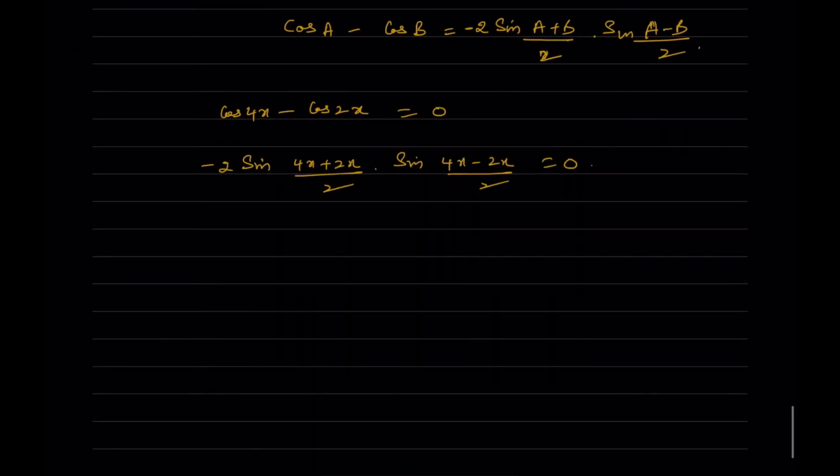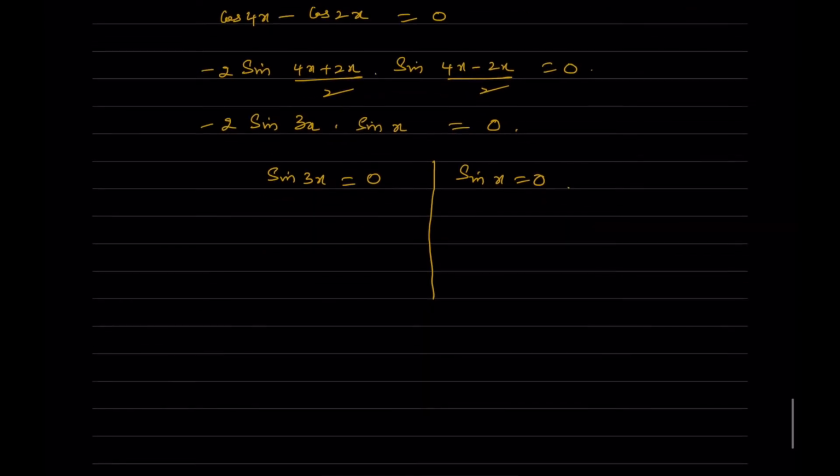Now this can be written as minus 2 of sine 6x by 2, which is nothing but sine 3x, into sine of 2x by 2, which is sine x, equal to 0. So now here you can write this as either sine 3x is equal to 0, or sine x is equal to 0.